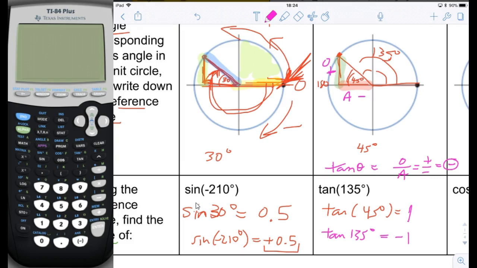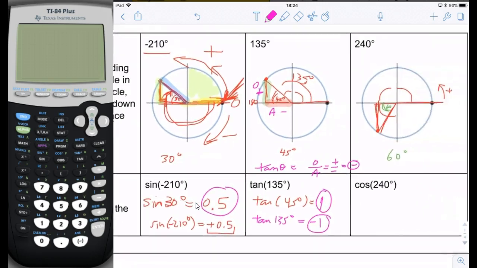So in the first case, do you see I did not modify the original sine value of the reference angle because my opposite was pointing up, so it's positive. In the second case, I changed it to negative 1 because the opposite divided by the adjacent was a positive number divided by a negative number, which gives me a negative number.